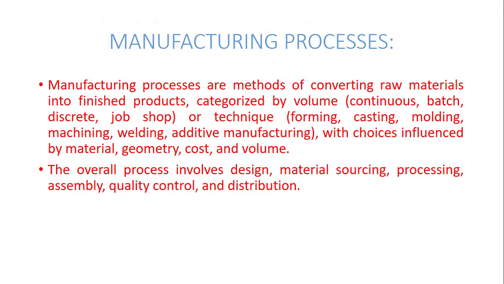Through these various production modes, different varieties of jobs can be prepared in the shop floor. In addition, using fundamental manufacturing techniques, say forming, casting, molding, machining, welding, and additive manufacturing.